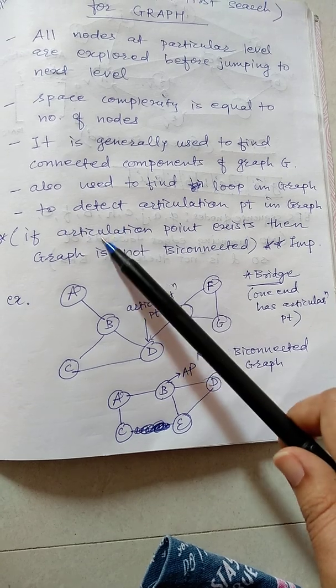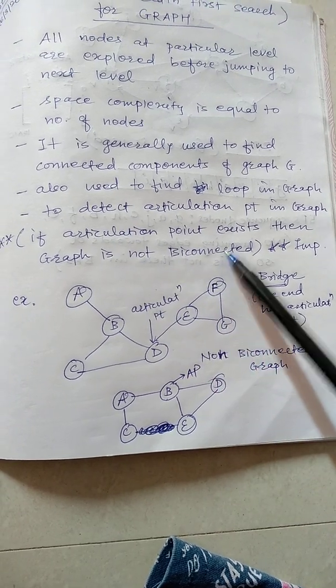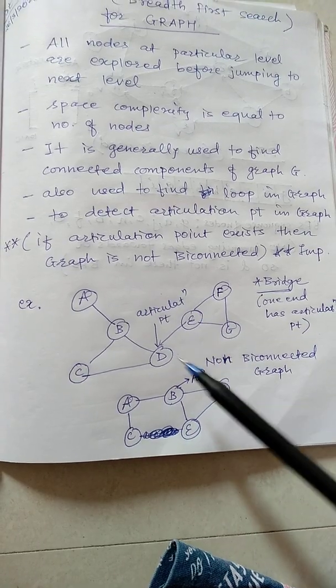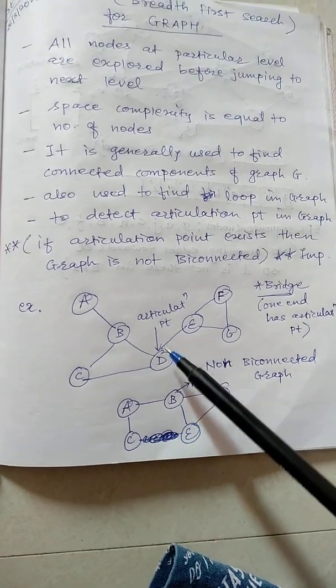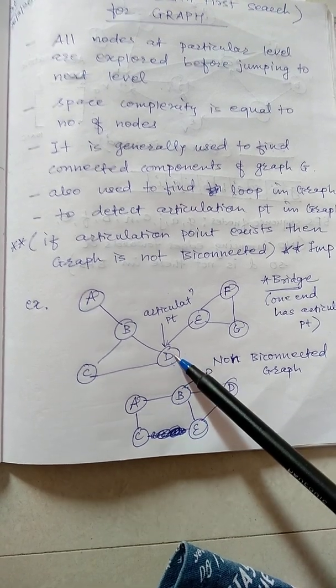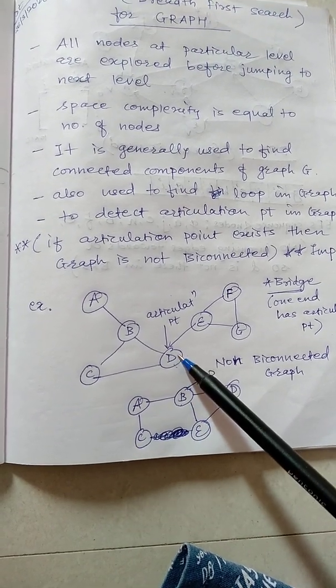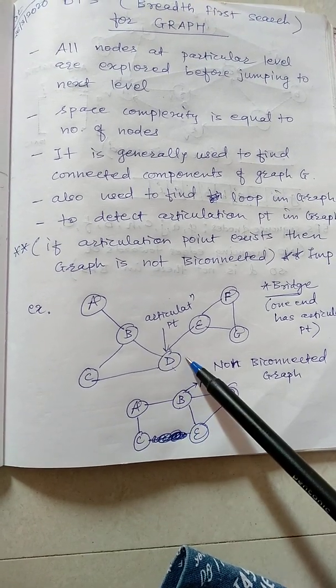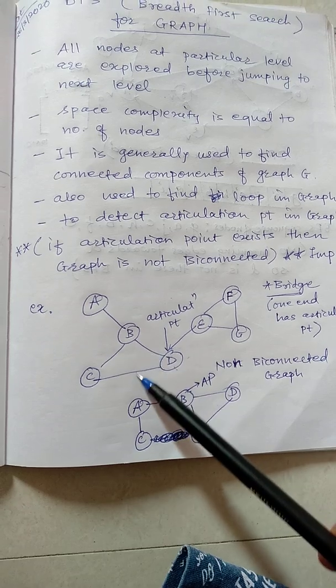This is very important terminology. What is a biconnected graph? For example, in this graph, node D is an articulation point, because when we remove D, removing a node means we have to delete this node along with the edges falling on this node.